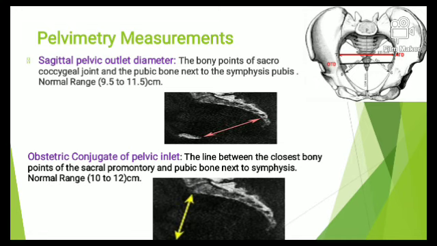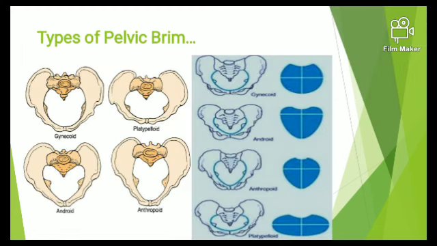Next we will move to the various types of pelvic rings. Traditionally we have four types of pelvic brims. One is the gynecoid type, the first image from the top. Next we have the android type, below it. Next we have the anthropoid type, next to the android one, and lastly the platypelloid type, just next to the gynecoid type.